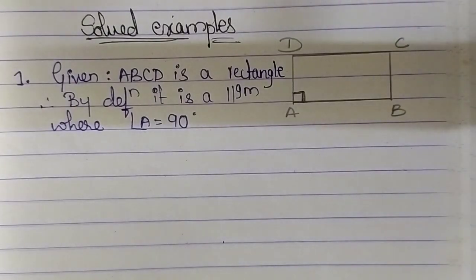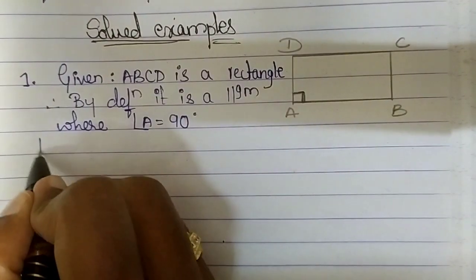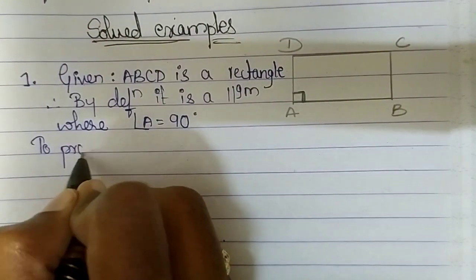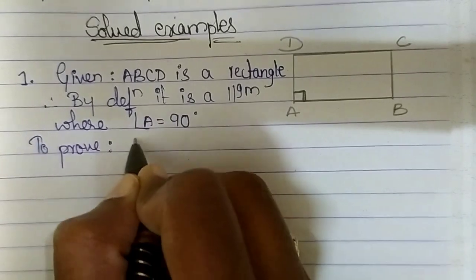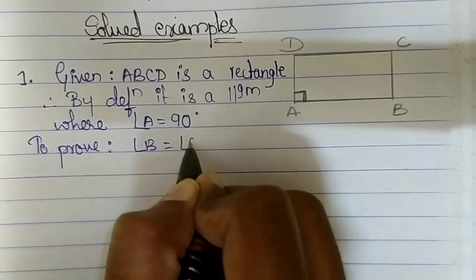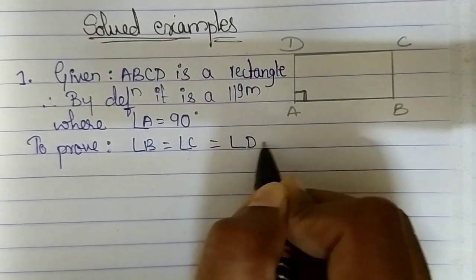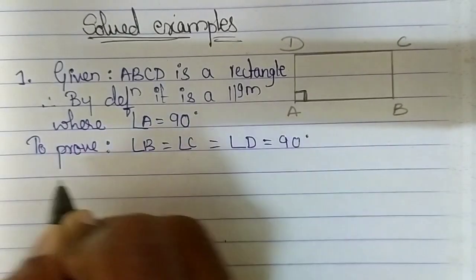Yesterday we learned a bunch of theorems, in which we are going to use the theorems based on the angles of a parallelogram. We saw that the theorem said opposite angles of a parallelogram are equal. So first, to prove angle B equals angle C equals angle D equals 90 degrees.